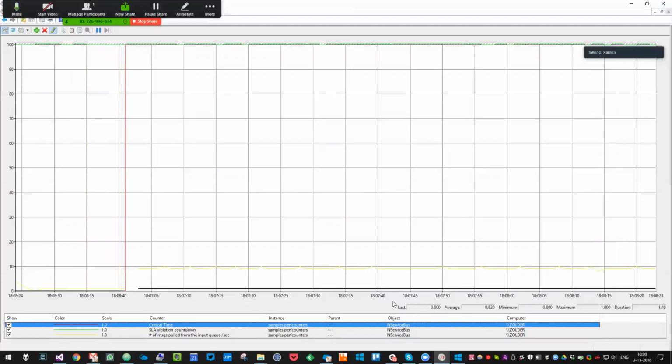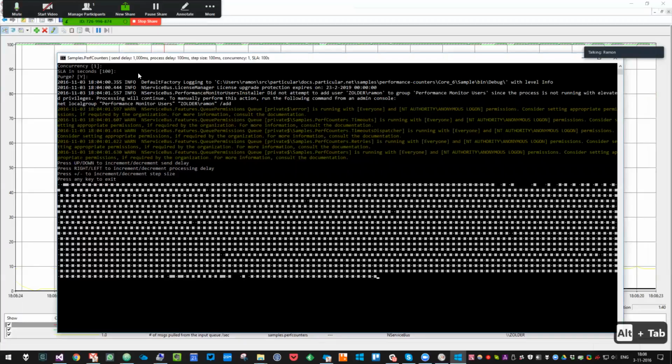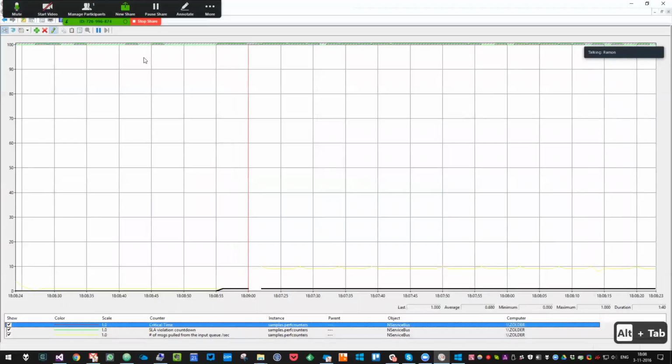It's an integer. We can see that critical time is currently 0, meaning it is processed within half a second, basically. So let's increase the process duration. We go to 1 second, and we should see that last is now 1.